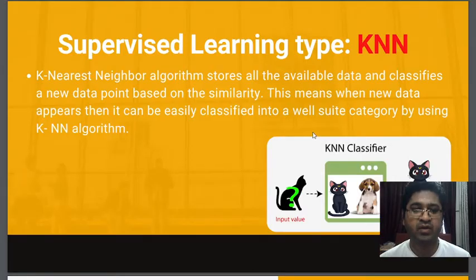Then the next supervised learning algorithm is KNN. The K nearest neighbor algorithm stores all the available data and classifies a new data point. Suppose we have input values of a cat and any random animal, and it is going to classify whether it is a dog or a cat.